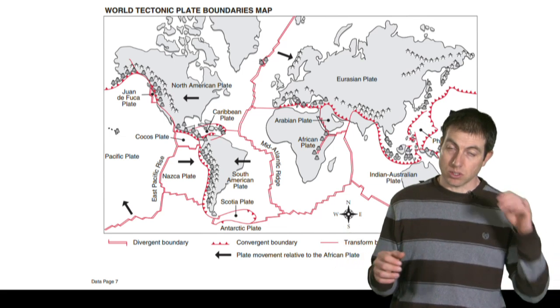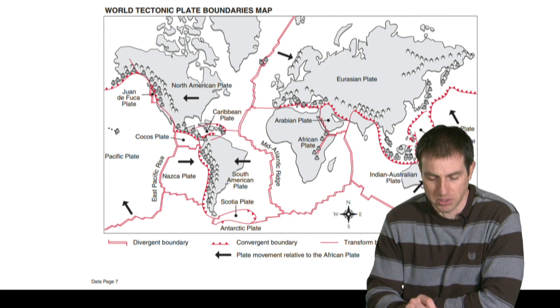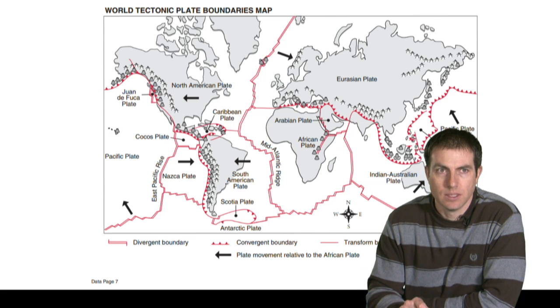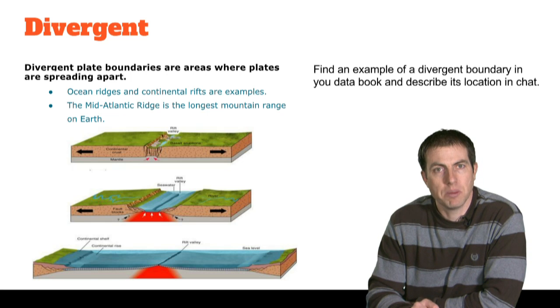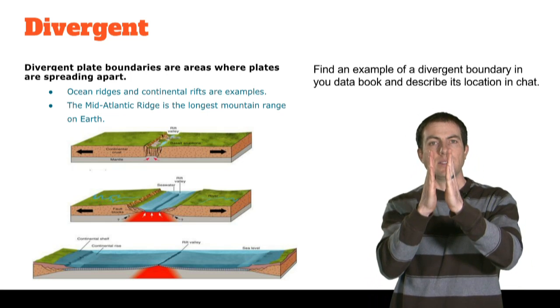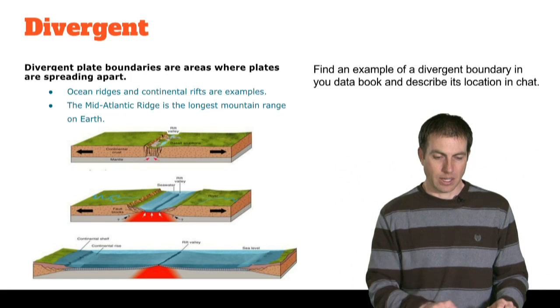Those lakes eventually will turn into an ocean in a while. A couple million years, no big deal. All right, so that's divergent boundaries. On the map, divergent boundaries are those two lines next to each other, and that indicates that those plates are being split apart.